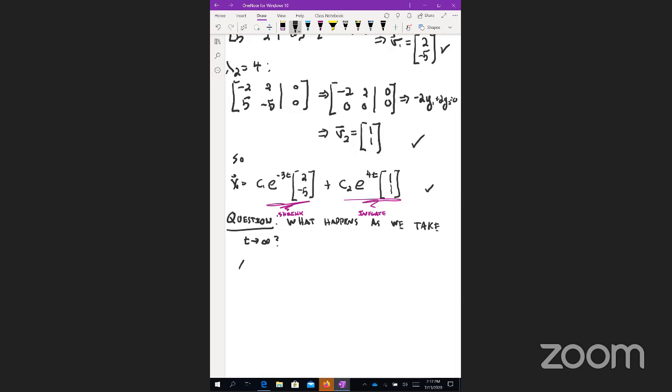So we have x1 equals c1 e to the minus 3t times 2, plus c2 e to the 4t. Well, this is clearly going to go to infinity as t goes to infinity. Oh, I should say, sorry, this will go to plus or minus infinity depending on the sign of C2.